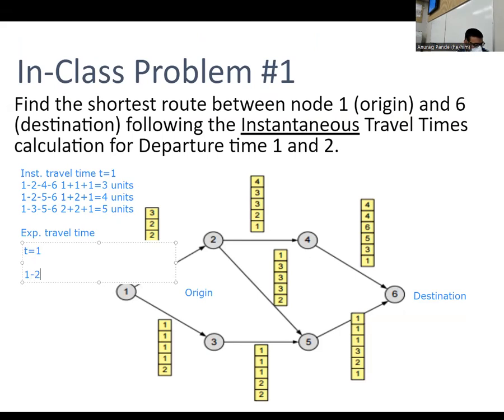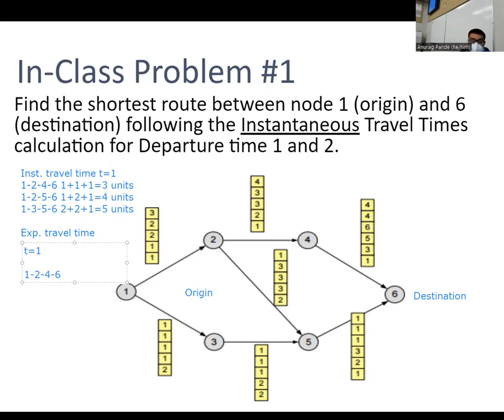And I'm going to still do 1, 2, 4, 6. Okay, so I'm doing experience travel time 1, 2, 4, 6, starting at t equal to 1.